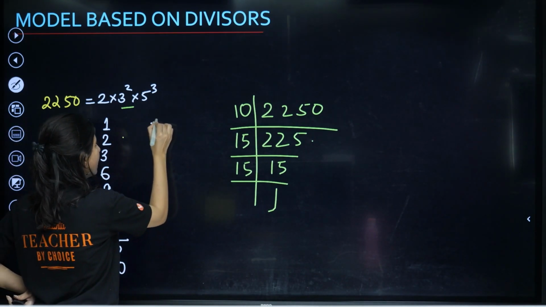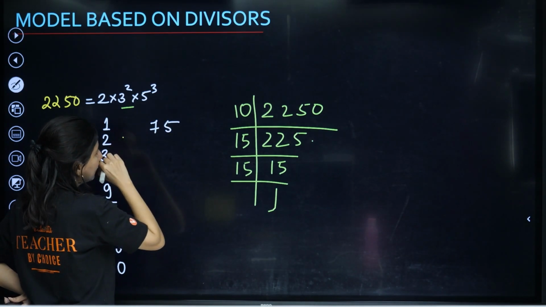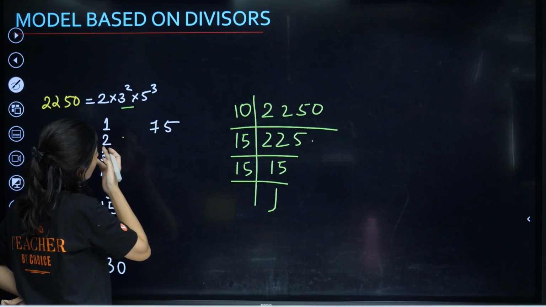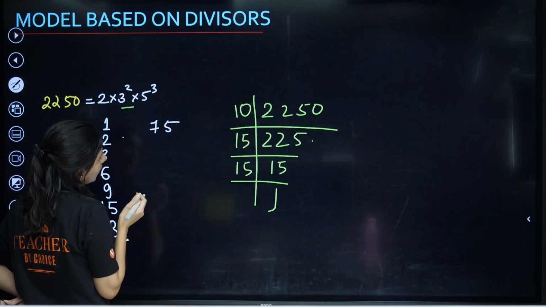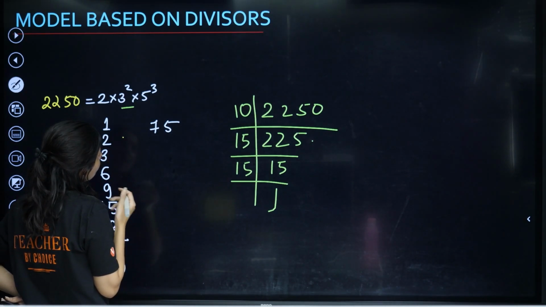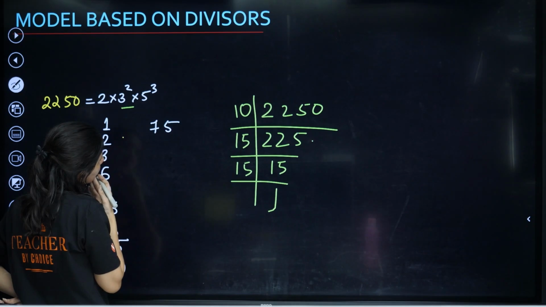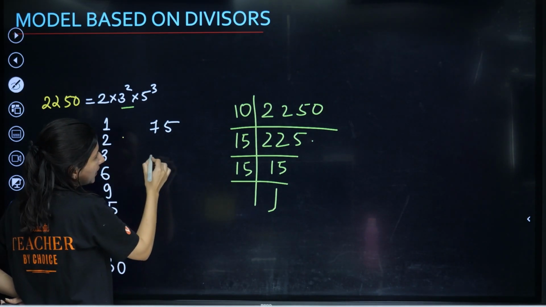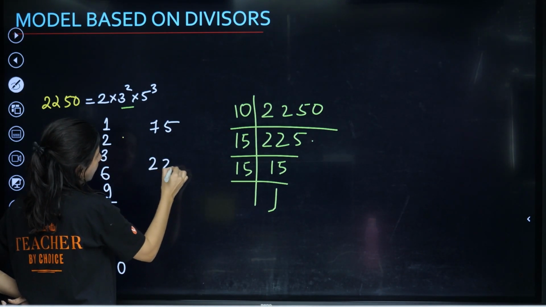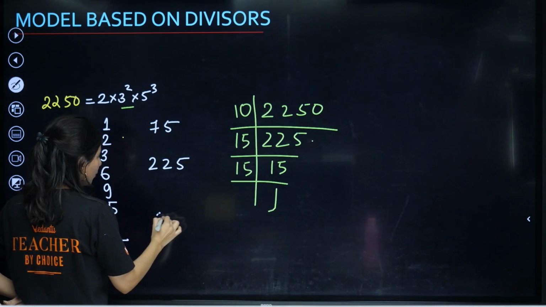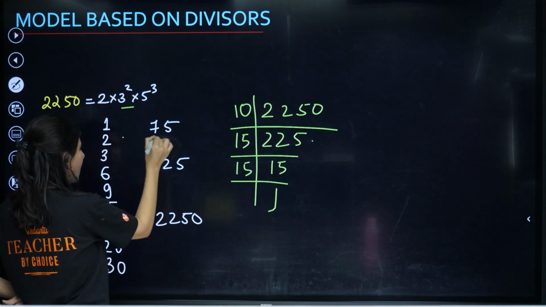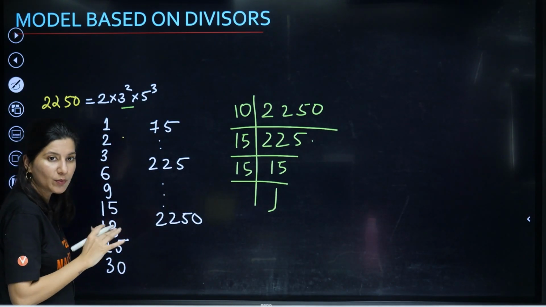Directly 75. After 75, 100 will not be there. And then you will be having 225 and 2250. So many will be there. I can't list them all down, but the majority.